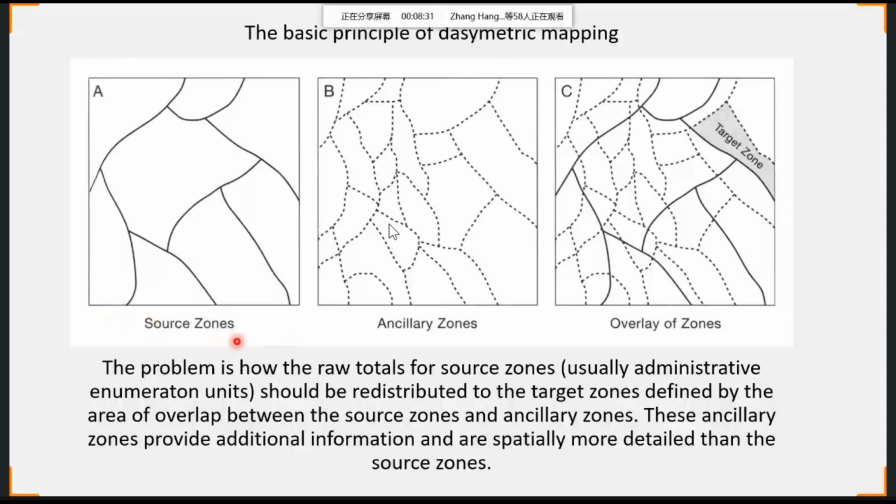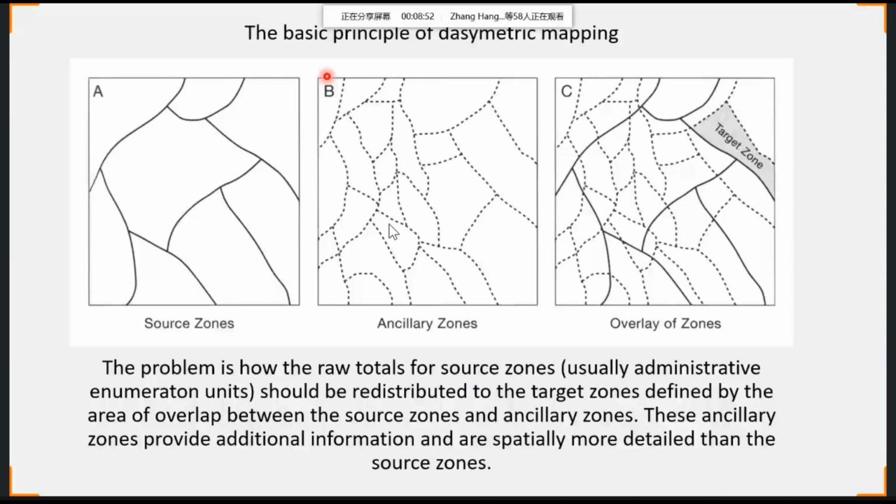So we have source zones here. These might be administrative units, and then we have more detailed ancillary zones, for example, from a land cover map. And this land cover map tells us more about the distribution of the population, for example.